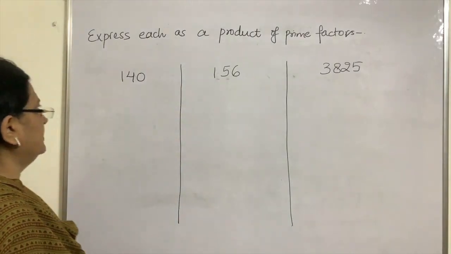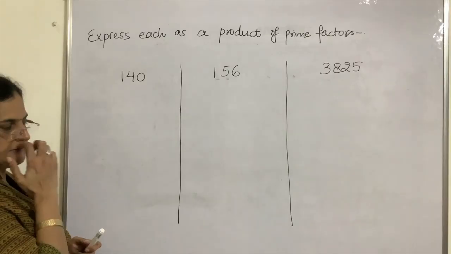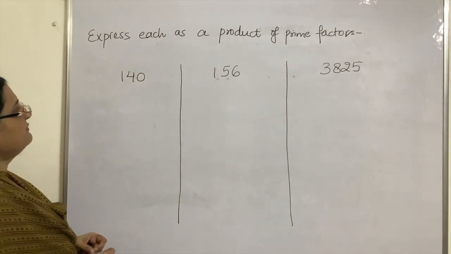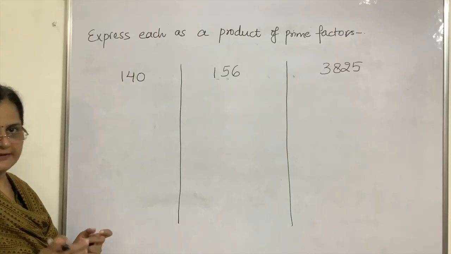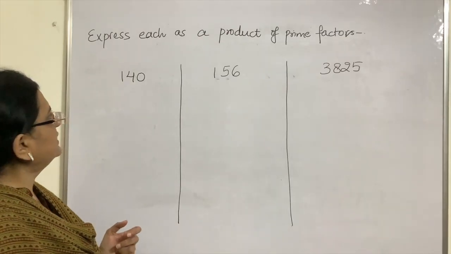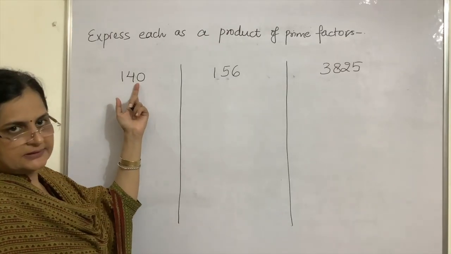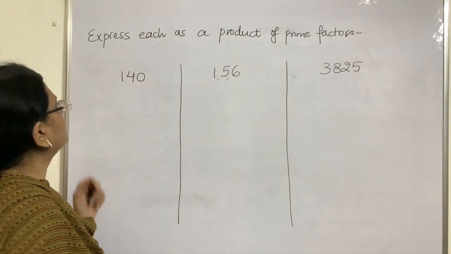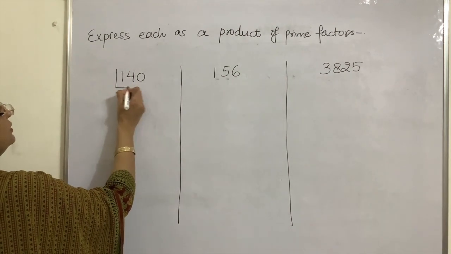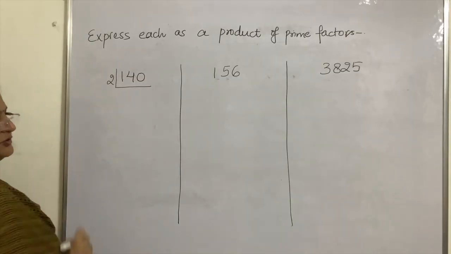so not very difficult. So 140, so how to go in for this? 140, first of all you see whether it is an even number or an odd number. How will you identify whether it is an even number? The units place is 0, it is an even number, so this will divide by 2. Please divide it by 2.